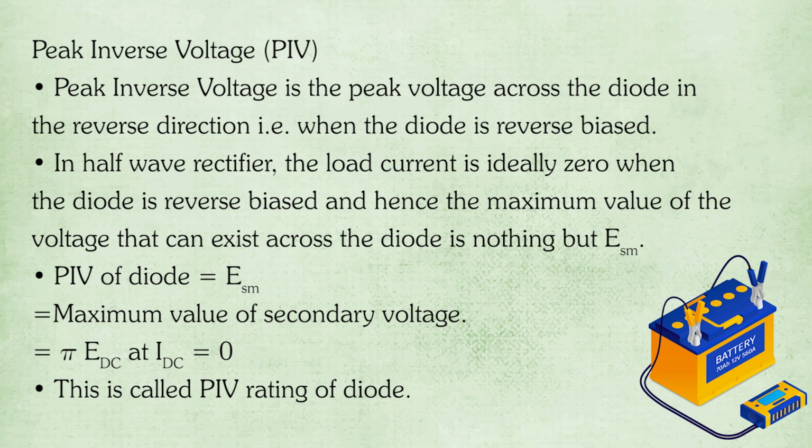That means for the negative half of the supply, the maximum value of that will be the PIV. That means that will be the maximum voltage which will act across the diode in the reverse bias condition. So, PIV of the diode is equal to Esm, which is equal to the maximum value of secondary voltage, which is equal to pi Edc when Idc is equal to 0. This is called the PIV rating of the diode.